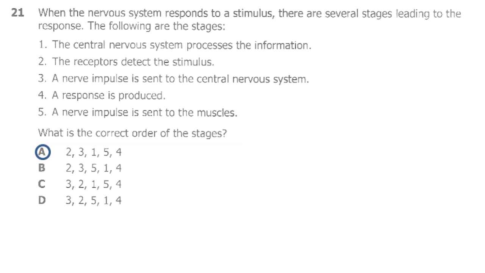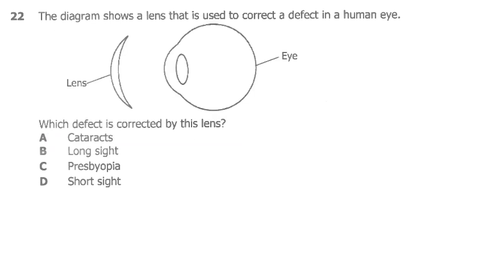22. The diagram shows a lens that is used to correct a defect in a human eye. Which defect is corrected by the lens? So here we can see this is a human eye and this is the lens. So this is a convex lens.